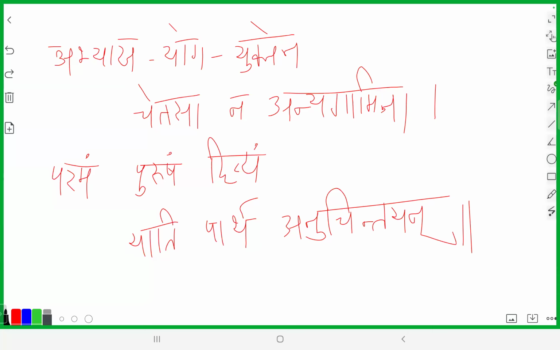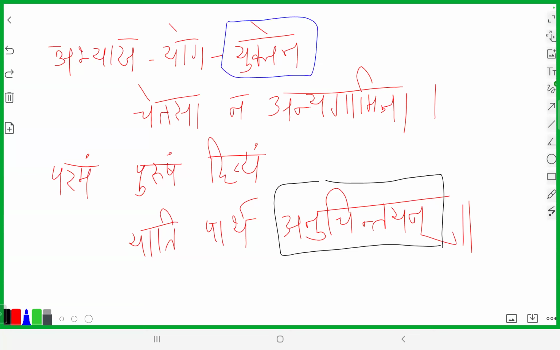We have to do some more grammar to do words like this. We will stick to our Tritiya. Abhyasa Yoga Yuktena, Tritiya. Tritiya Ekavachanam Chetasa. Pratipadikam Chetas. Chetasa. See here another Tritiya Vibhakti Ekavachanam word.